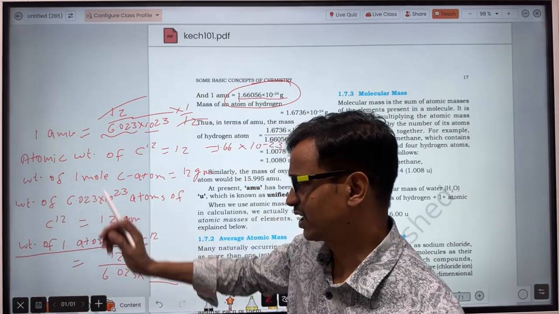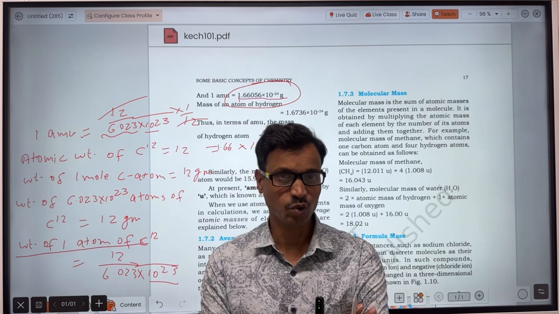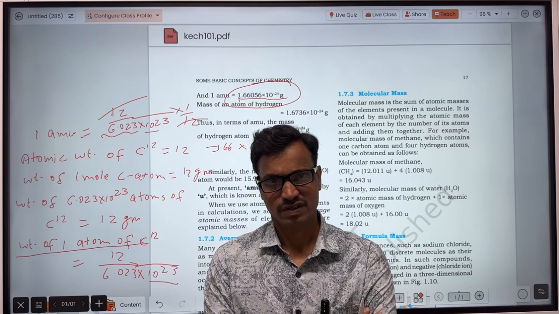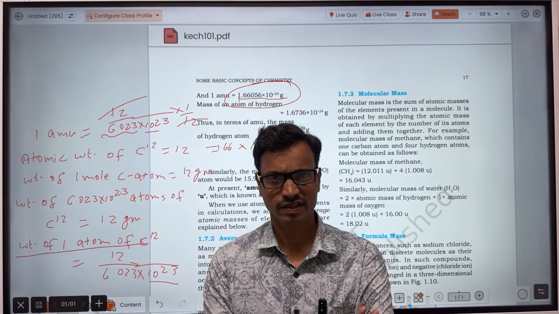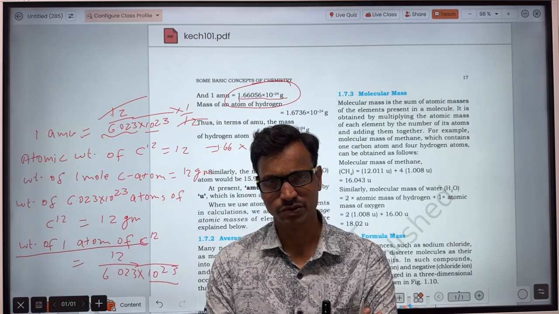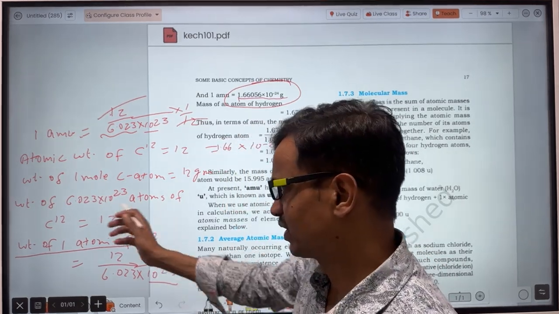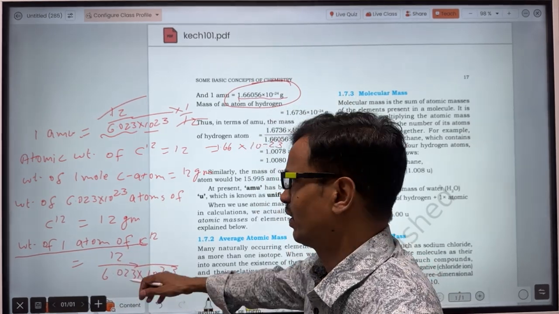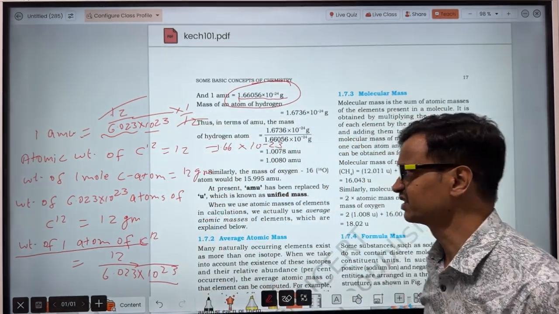So the weight of 1 mole of atoms, that is 6.023 into 10 to the power 23 carbon atoms, will weigh 12 gram. So the weight of one atom of carbon 12 will be 12 upon this number, and 1/12 the weight of one atom of carbon 12 comes to 1.66 into 10 to the power minus 24 gram.